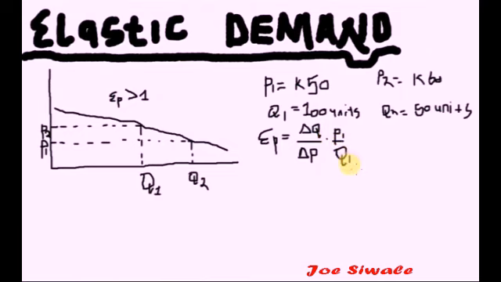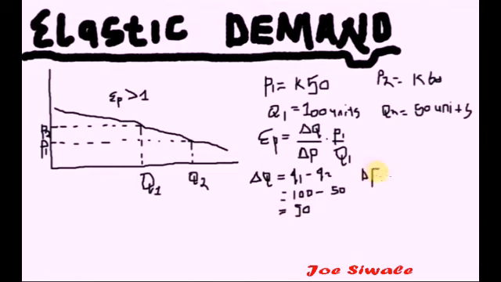So we'll say EP is equal to the change in Q over the change in P multiplied by the price P1 and the quantity Q1. The first thing that you're supposed to do is to calculate the change in Q. So the change in Q is Q1 minus Q2. I'll say 100 units minus 50 units, and that's 50 units.